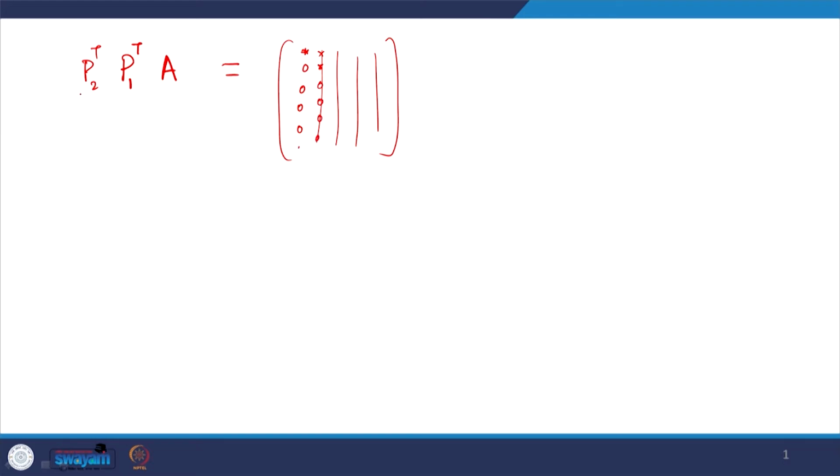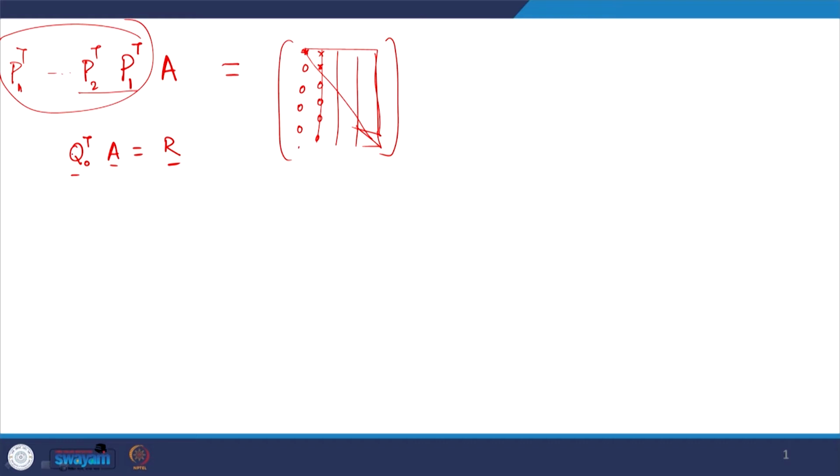So, the product of these matrices is what we call Q 0 transpose, and Q 0 transpose A is equal to R, because this is what is going to be converted to upper triangular matrix.